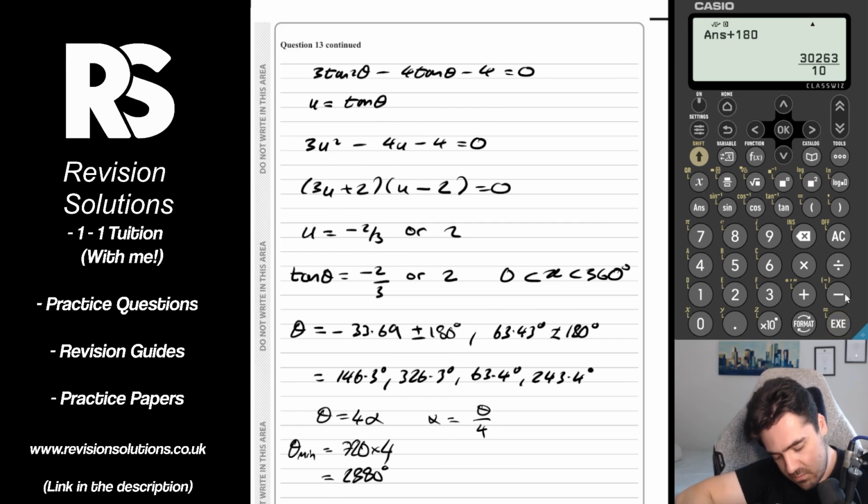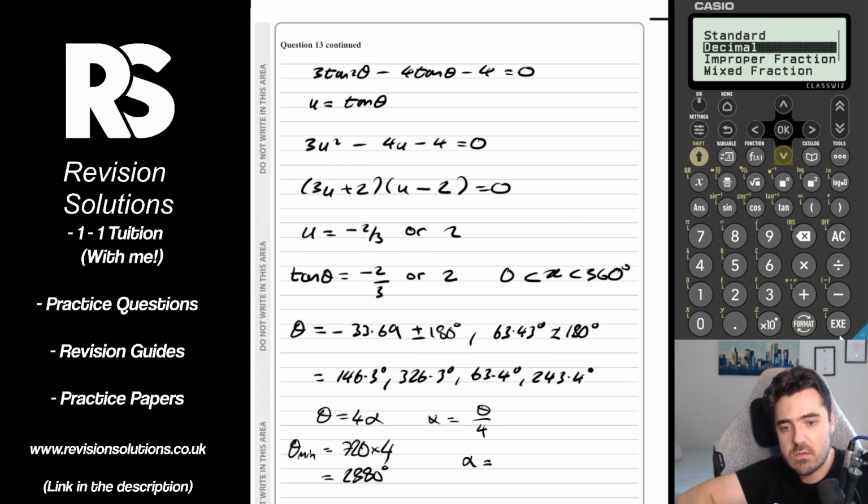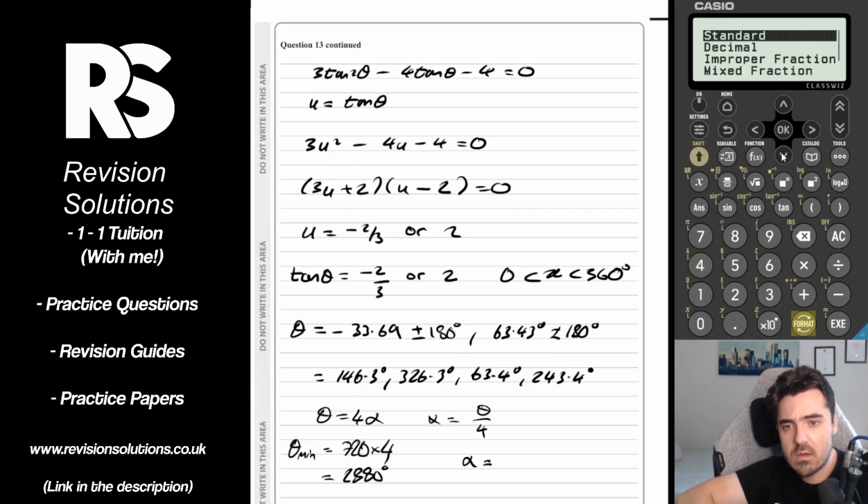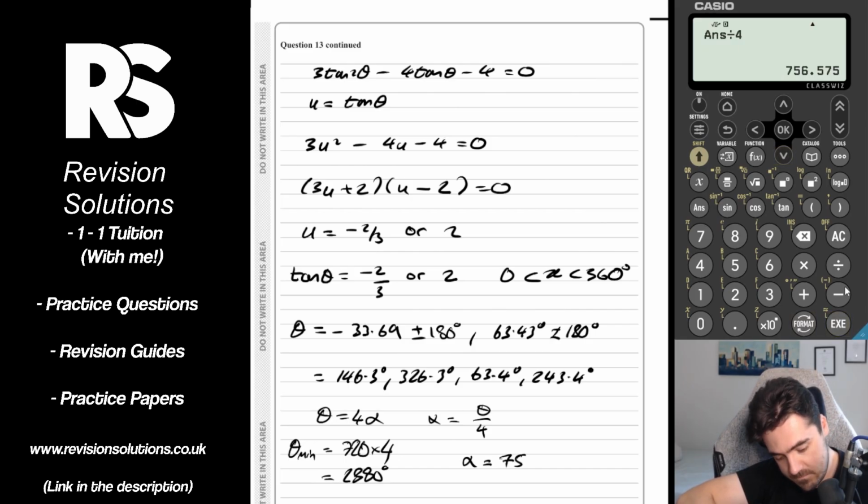That would be the smallest one we'd get from that. That would be 3,026.3. Oh, sorry, that would be the theta value. Divide that by 4 to get the alpha value. That gives us 756.6. So that's the first solution we can get that's closest as possible to 720.